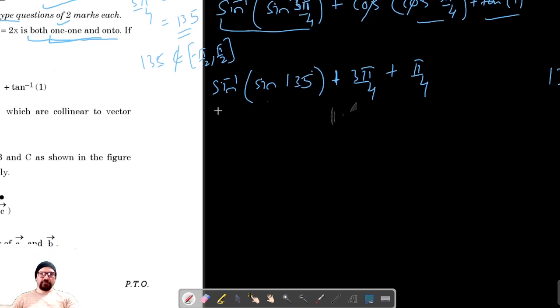And now for sine inverse sine 135, I can write it as sine of 180 minus 45 degree.